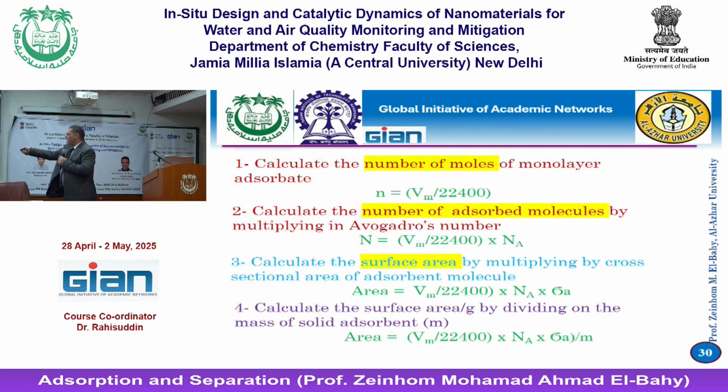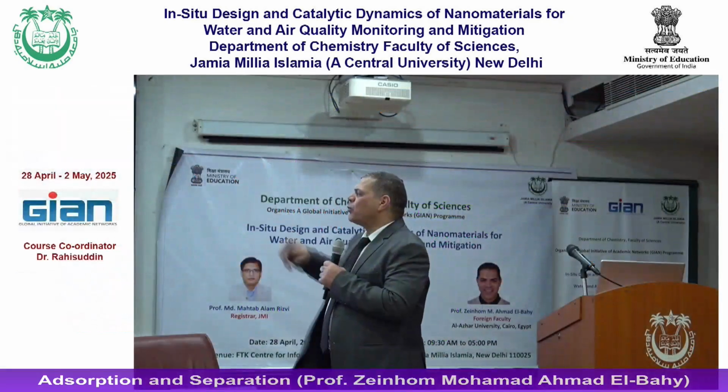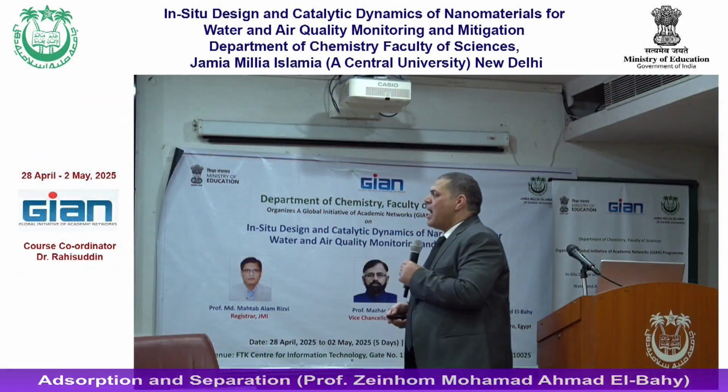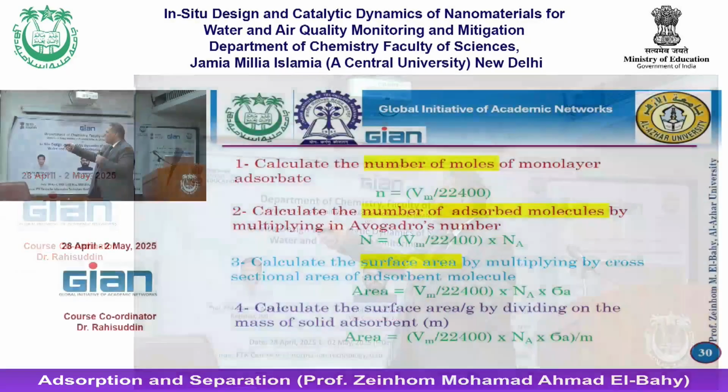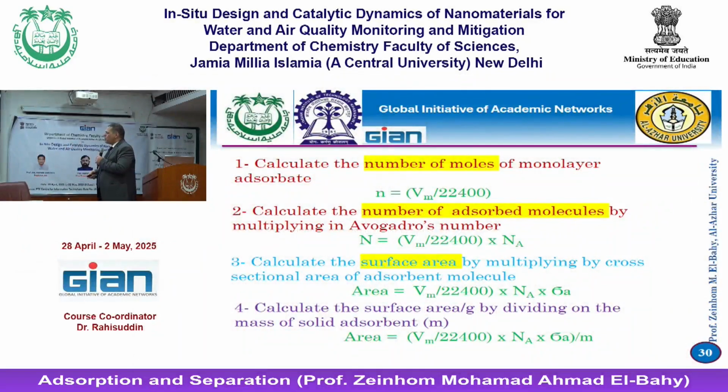If we calculate Vm and divide by 22.4 liters per 1 mole, we get the number of moles. From the number of moles, if we multiply by Avogadro's number, we get the number of molecules.